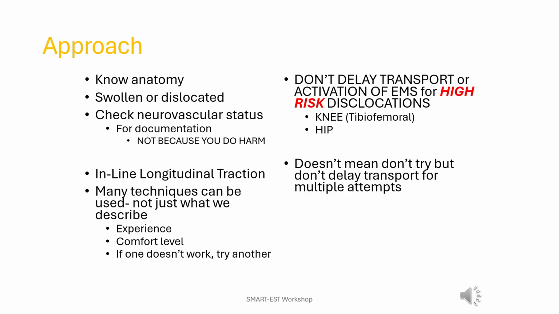You need to be able to check the neurovascular status of the extremity and document that. It's not because you're going to do harm, but you need to be able to document what the pre-reduction status is compared to the post-reduction status and continue to monitor that throughout transportation of that athlete to the care facility.